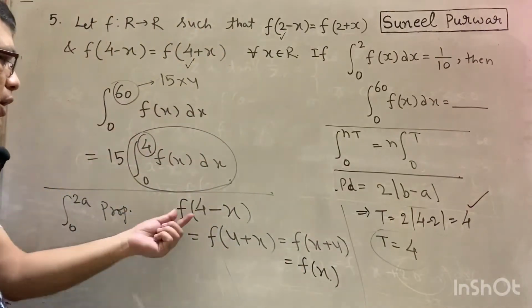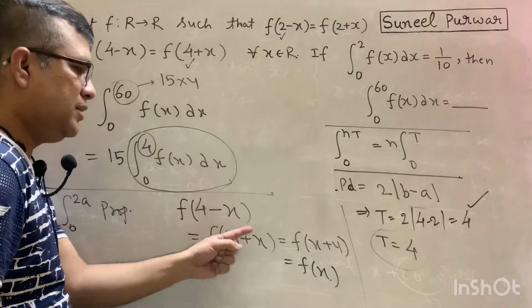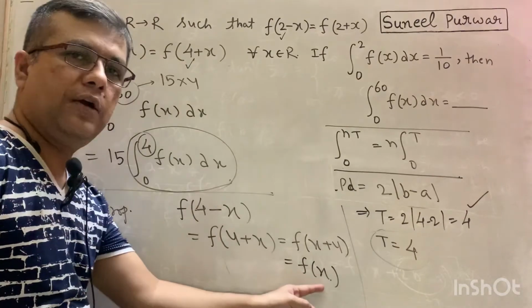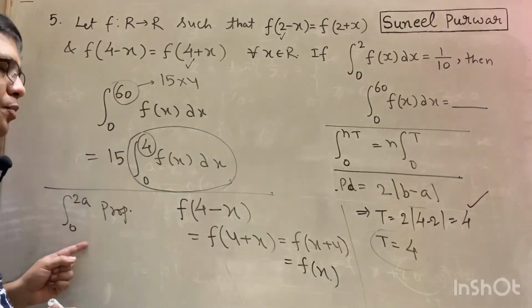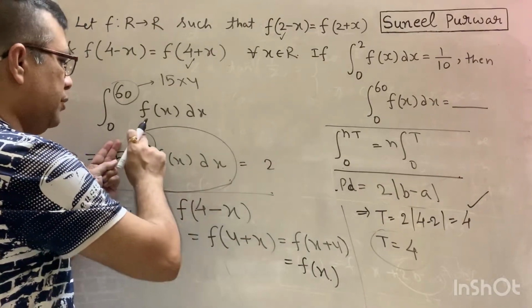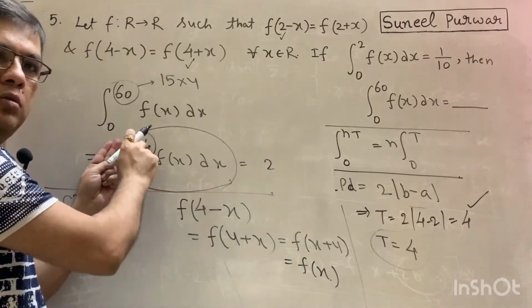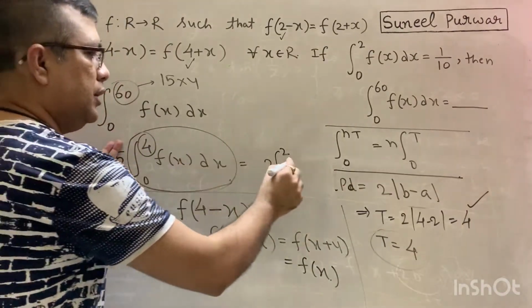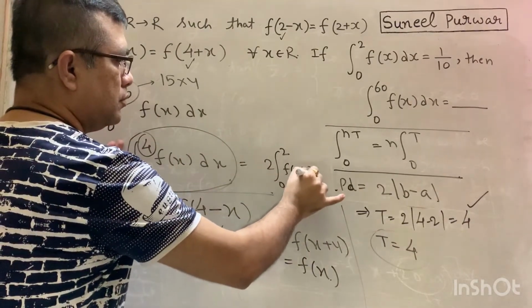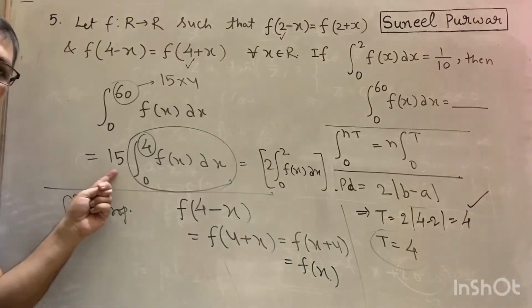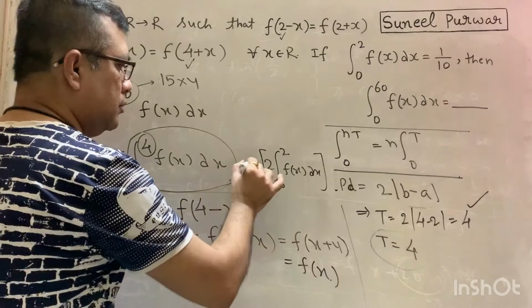So what you notice? f of 2a minus x is equal to f(x). So using 0 to 2a property, this integral will become 2 times integral 0 to 2 f(x) dx. And number 15 was already in multiplication. Copy that.